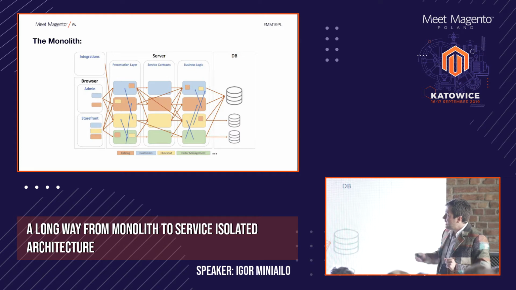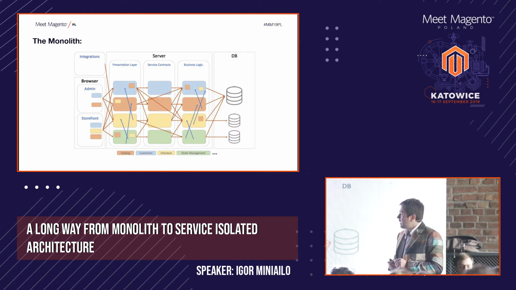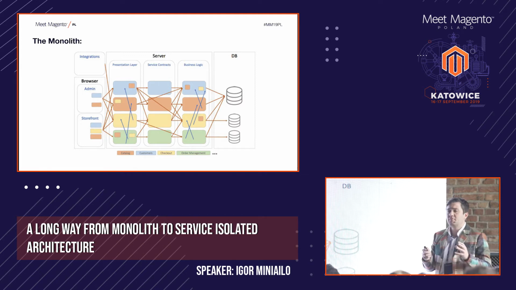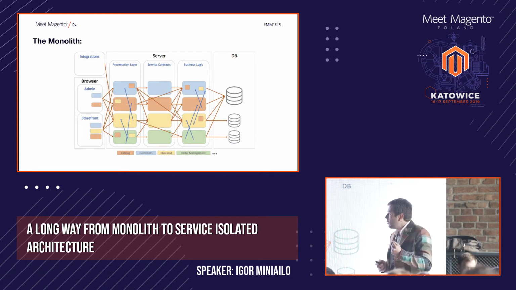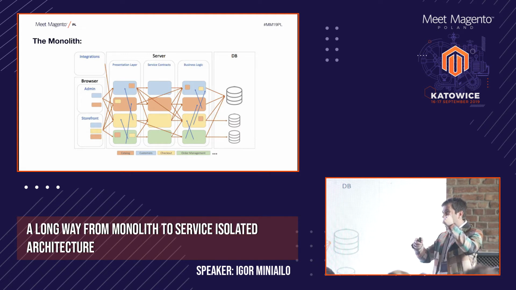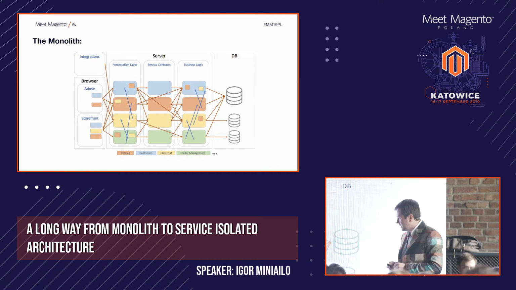So getting back to the existing monolithic architecture, while having different layers, we still have quite a lot of coupling between these layers and quite a lot of incorrect dependencies among the layers and among the different modules and components in the same layer.